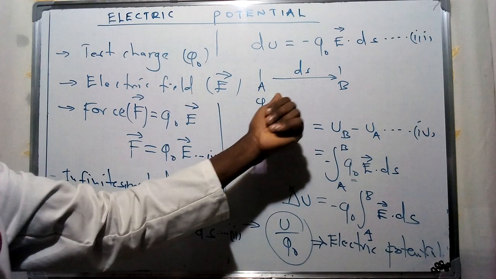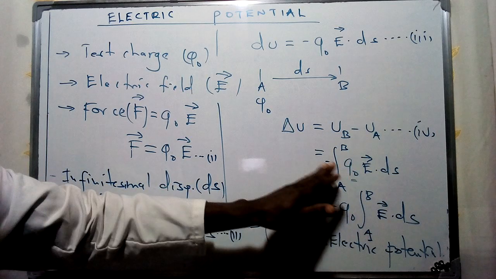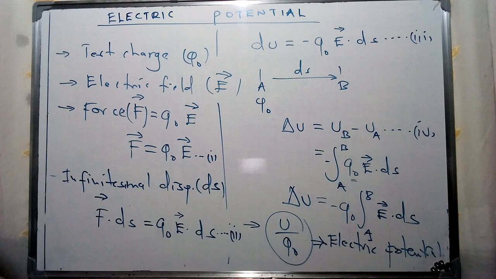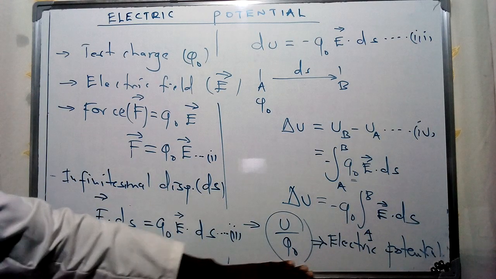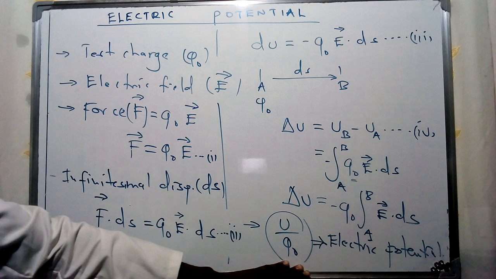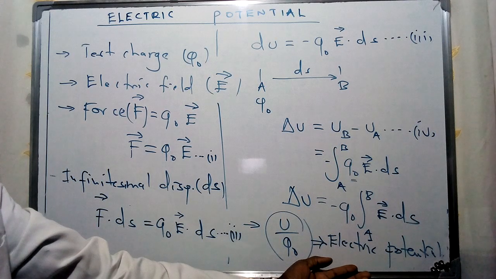And we have considered the case from A to B, which is our displacement, and therefore the change in potential energy can be given as an integral form of this aspect of a change in potential. Now, the ratio between the change in potential energy and the charge, which we have given as Q naught, gives us the concept of the electric potential.